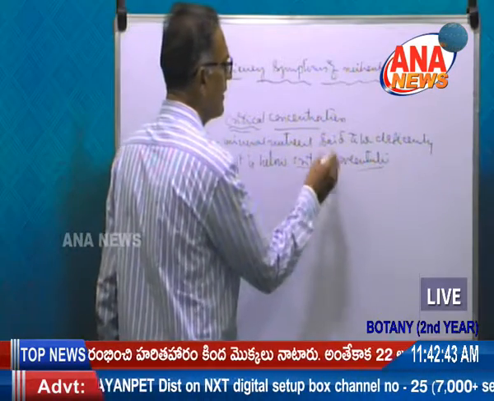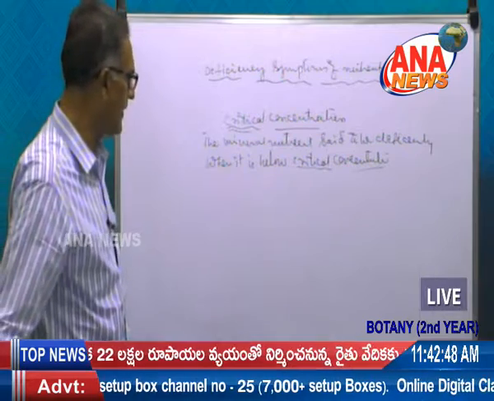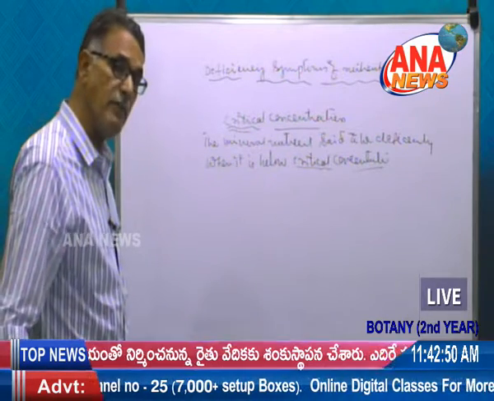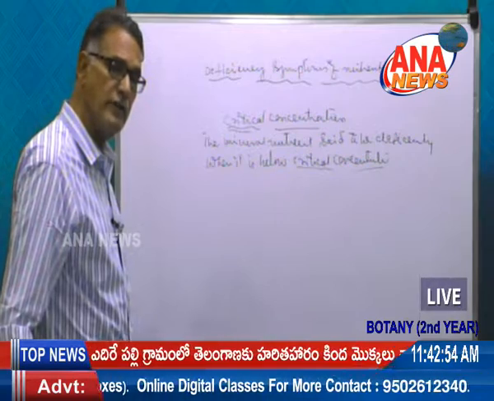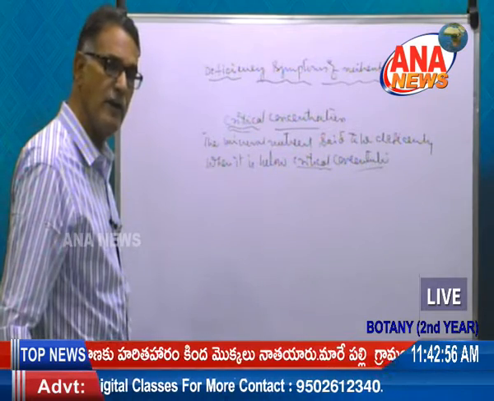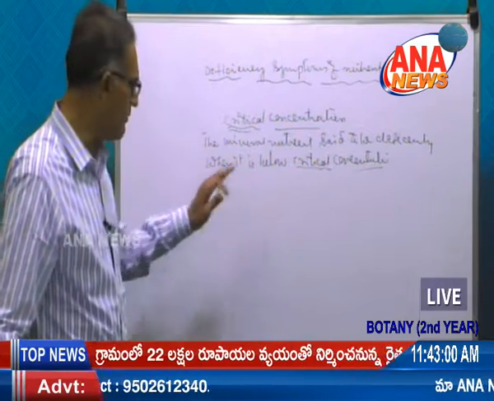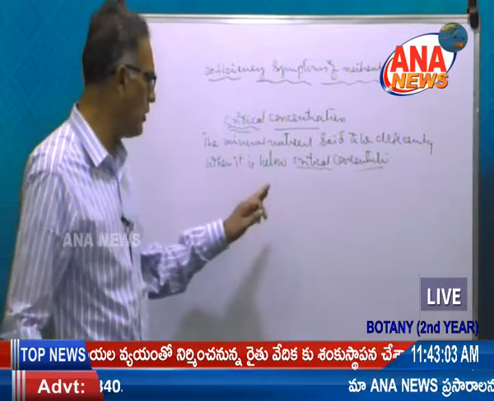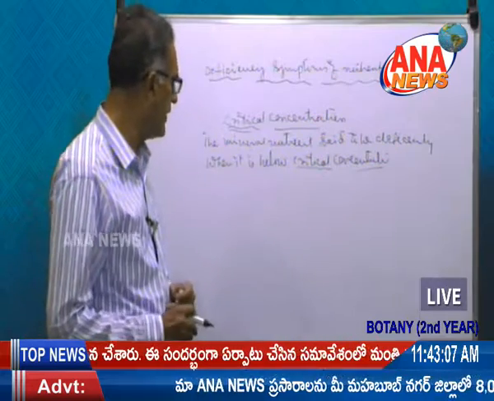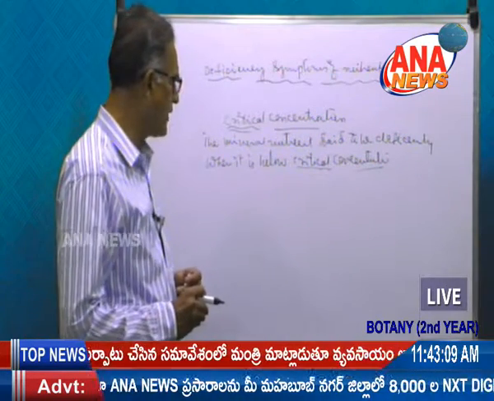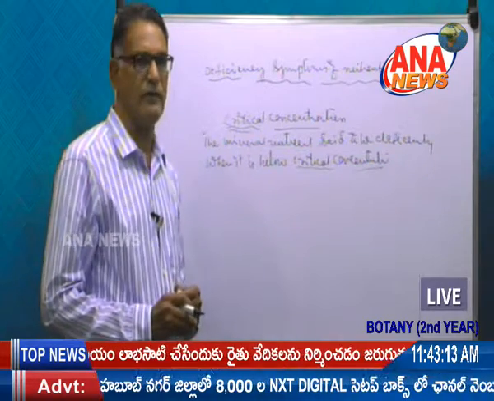Then it is a deficiency of the mineral element. When the supply of mineral nutrients is limited, the plant growth is retarded. The concentration of the mineral nutrient below which growth is retarded is called the critical concentration.